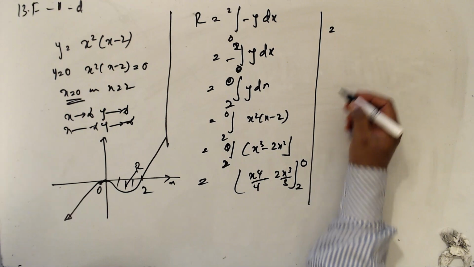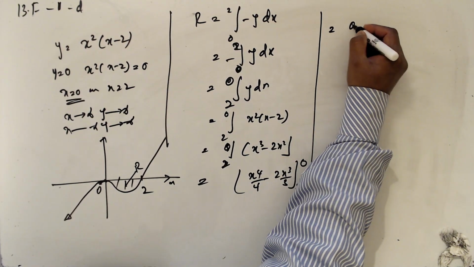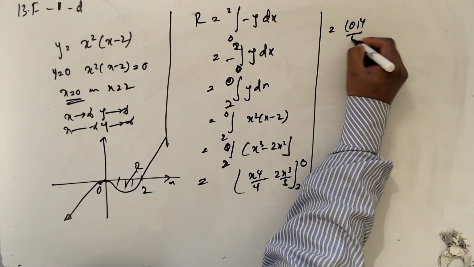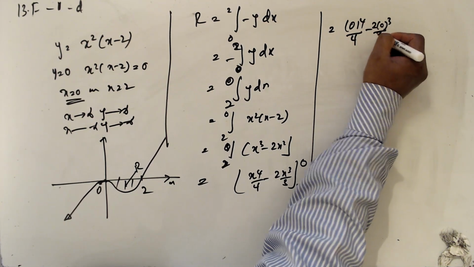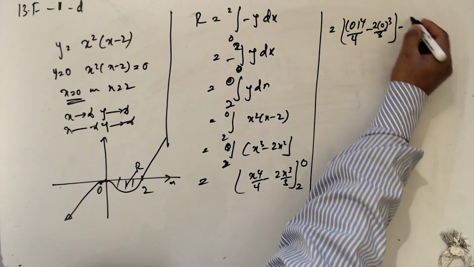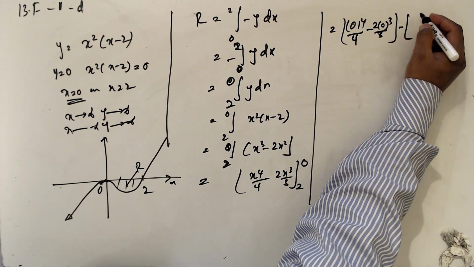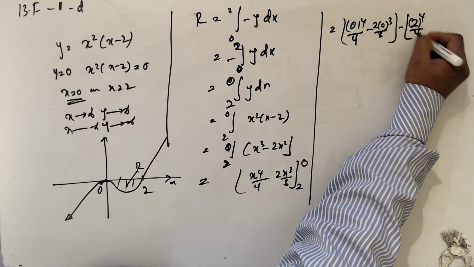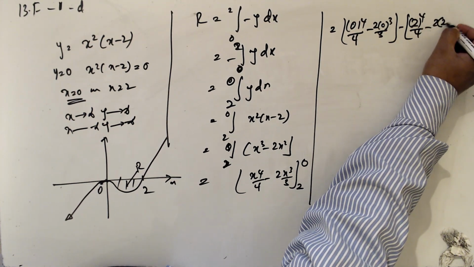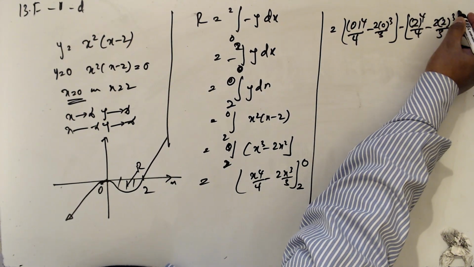When you substitute 0, you get 0 to the 4 over 4 minus 2 times 0 cube over 3, minus 2 to the power 4 over 4, 2 cube over 3.